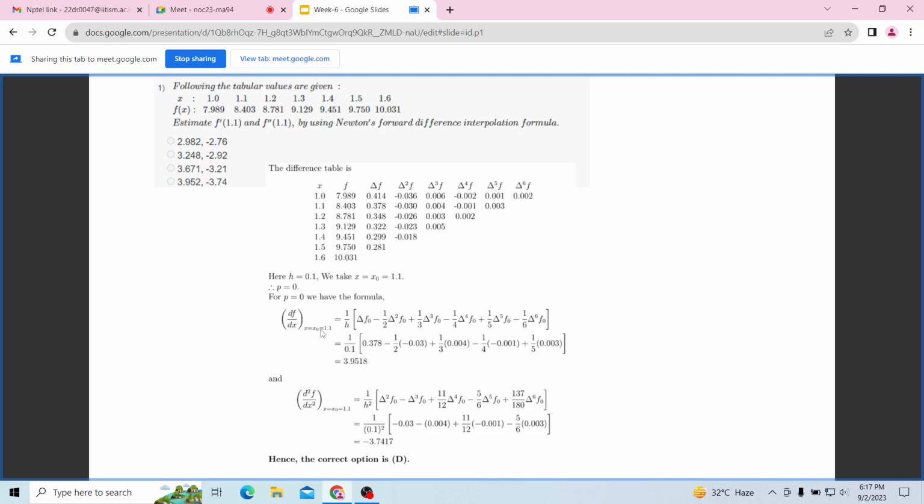Similarly, once you have got df by dx, now you can calculate the second derivative. It is d square f by dx square at x equal to x naught as 1.1. It is given by 1 by h square times del square f naught minus del cube f naught plus 11 by 12 del 4 f naught minus 5 by 6 del 5 f naught plus 137 by 180 del 6 f naught.